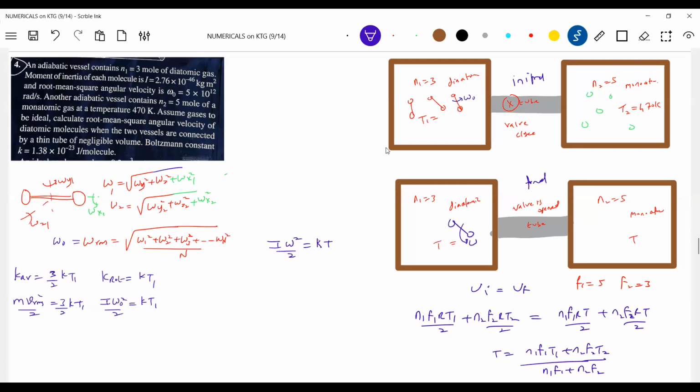T1 has to be calculated. Once you know T1, then T in terms of T1 is needed. So this is equation 1, 2, and this is 3. Divide these two, we'll get an expression for omega. Omega square by omega naught square equals T by T1. Expression for T in terms of T1, you can bring from equation 2. Can you work it out?